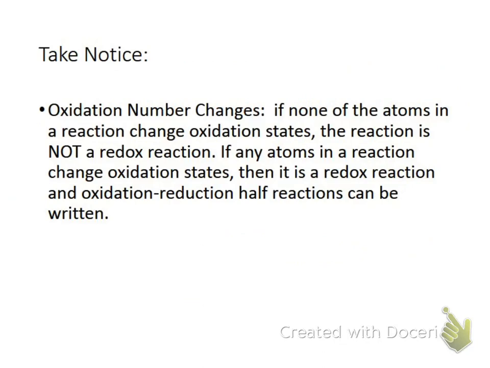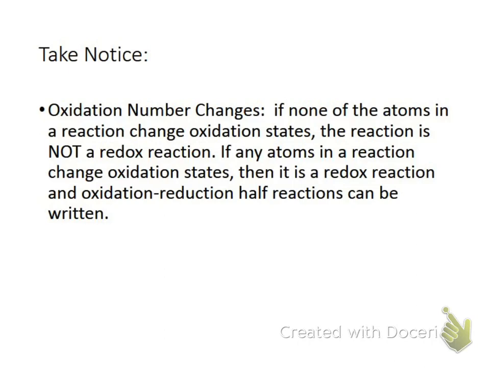Okay, so take notice of oxidation number changes. If you're looking at a reaction and I'm asking you to determine if it's a redox reaction or not, you have to assign everything their charges or oxidation numbers because you have to see if there's a change. If there's no change, then it's not a redox reaction. For instance, acids reacting with bases are not redox.